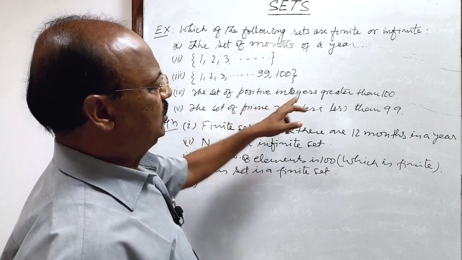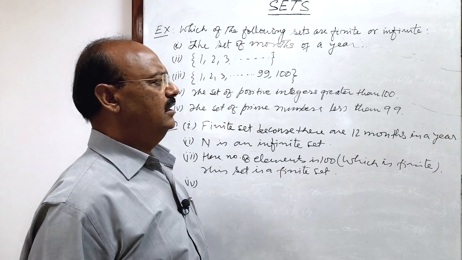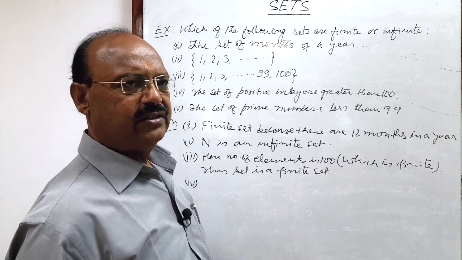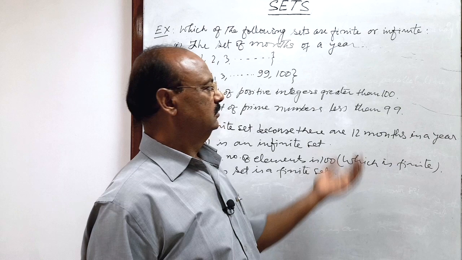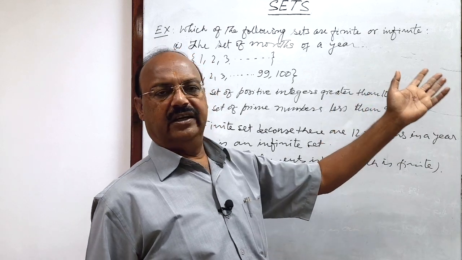Now see fourth one. The set of positive integers greater than 100. Officially there is no upper limit. All the numbers are greater than 100.